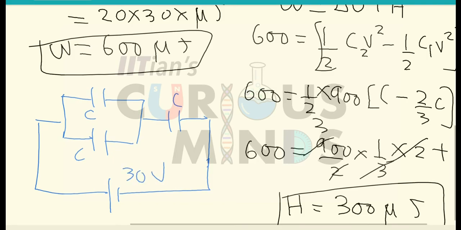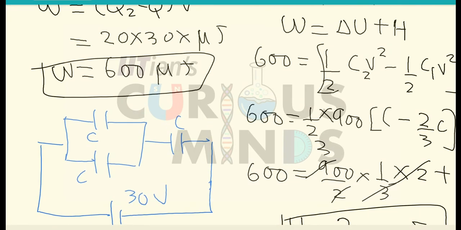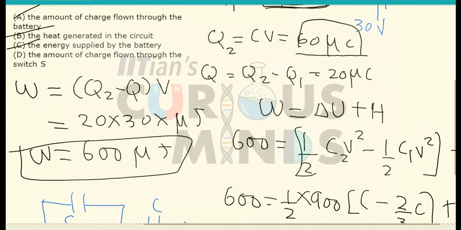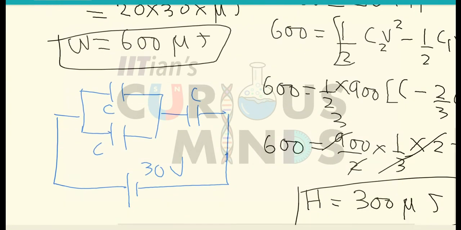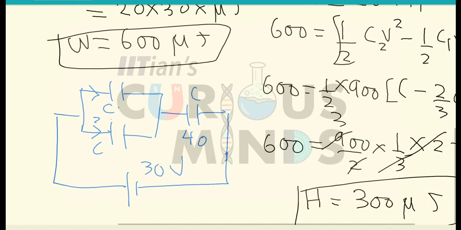So initially the 40 microcoulomb charge was flowing through the circuit. So individually there was 20 microcoulomb and 20 microcoulomb charge developed across the two capacitors.